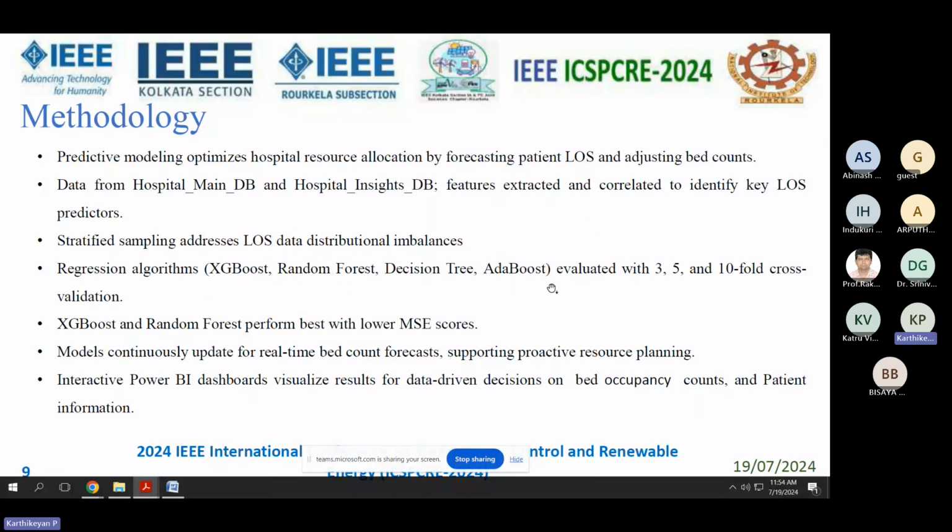After applying the algorithms, we also performed cross-validation. Among the four algorithms, XGBoost and random forest scored the lowest mean square error, and the model is continuously updated when new data is given, with results shown in the Power BI dashboard as well.